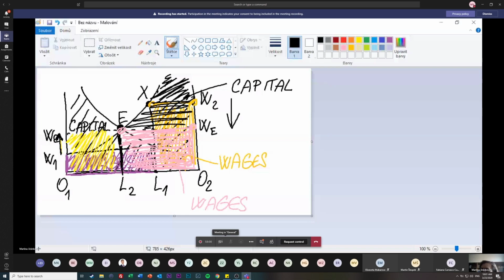So the first possibility was migration, as we have done just now. But the second thing is, if you remember the Heckscher-Ohlin model from trade, if you have relatively more labor, you can produce labor-intensive products, if you remember it.